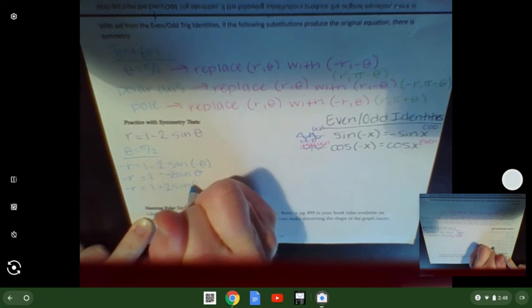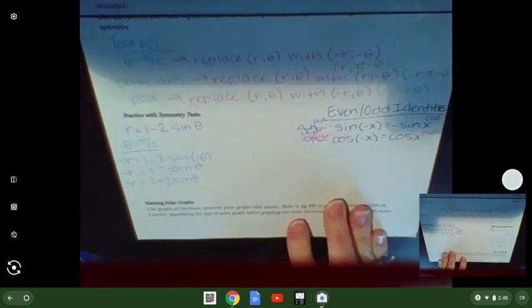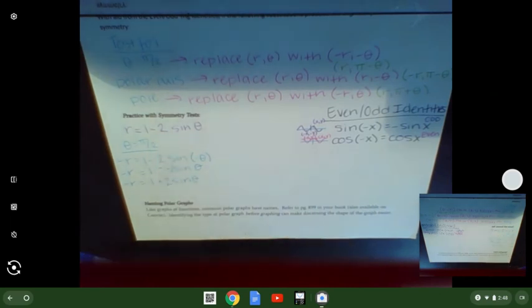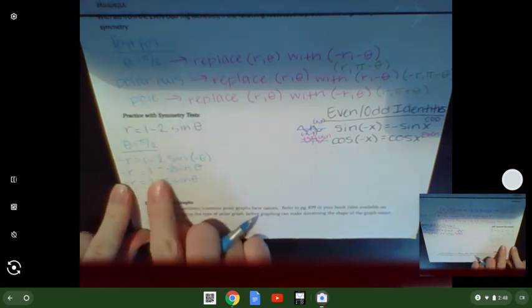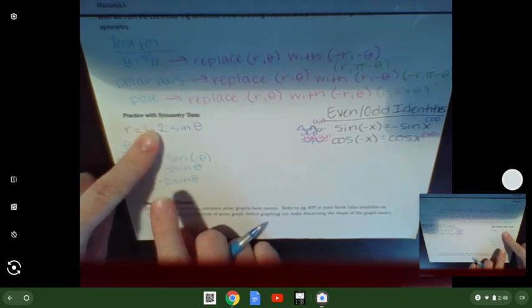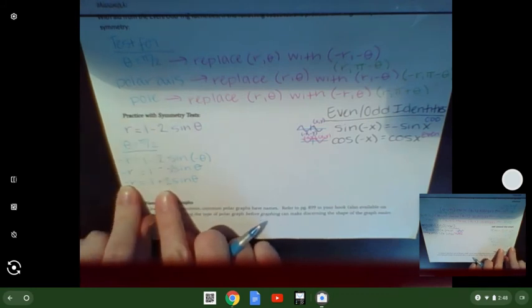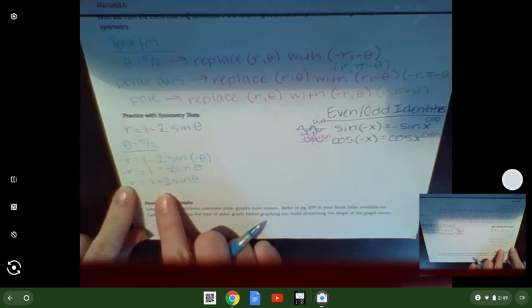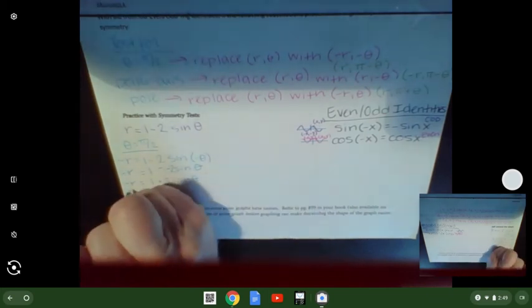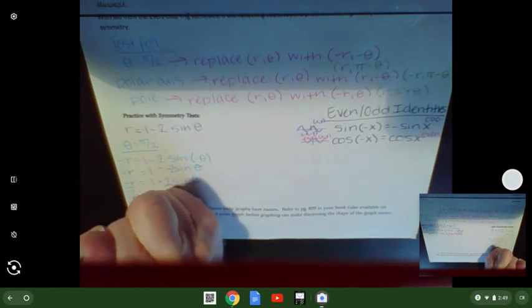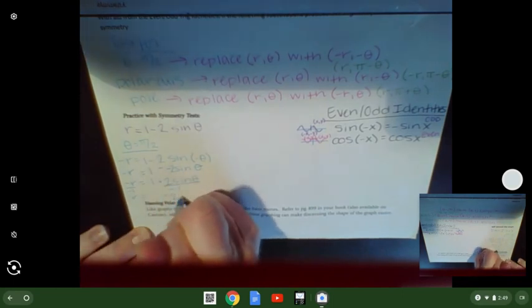And again, my goal is to be able to simplify to a point where I get back to my original function. If I can do that, then I can guarantee that I will have this type of symmetry. Well, I've gotten this far. This is a negative. This is a positive. I still have this negative here. Now, some of you may be saying, well, divide everything by -1. That's going to make r positive and turn this back to a negative. That is true. If I divide everything by -1, I will get r, and I will end up with a -2 sine theta.